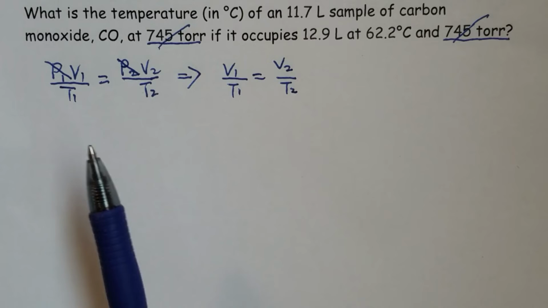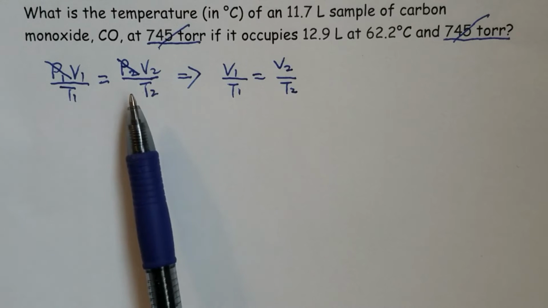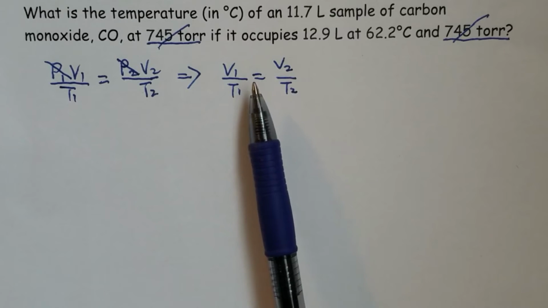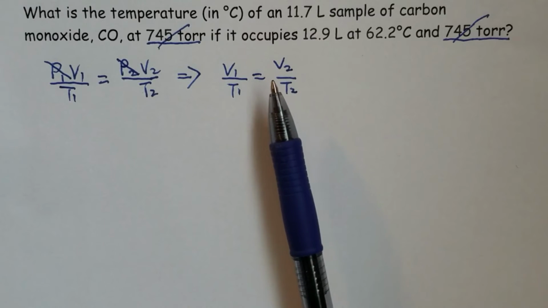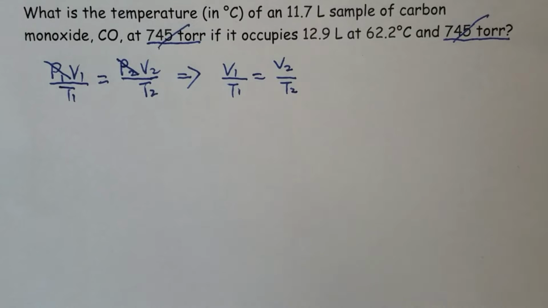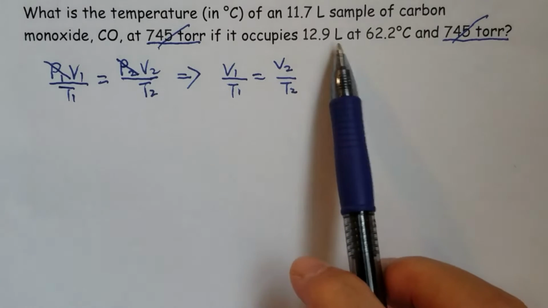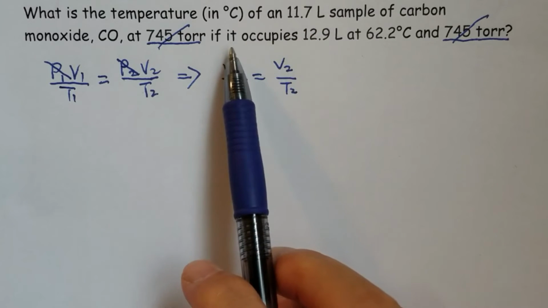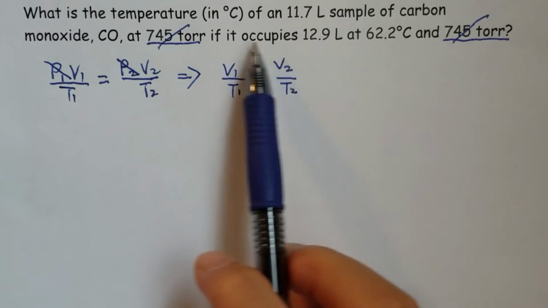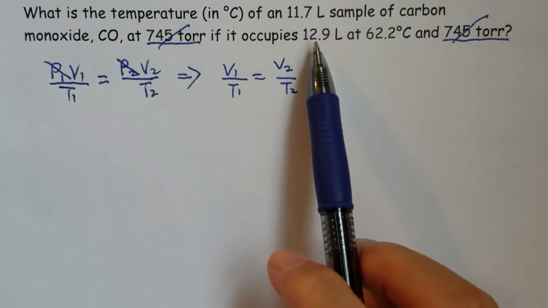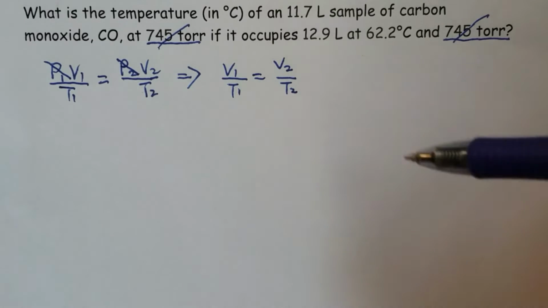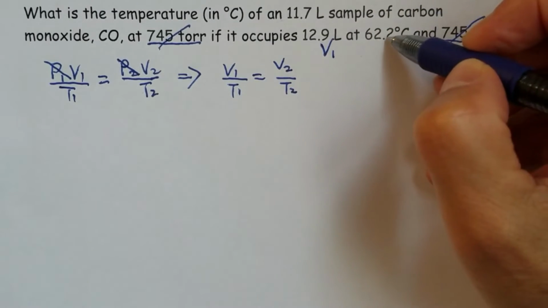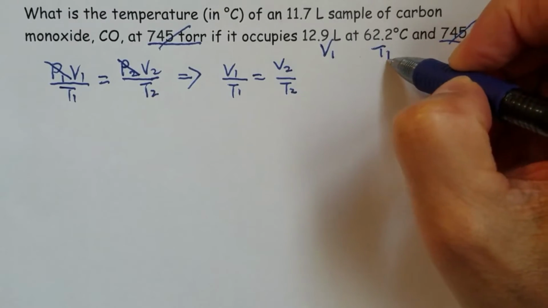So I just said that the combined gas law in this case becomes the Charles law, and this is the Charles law equation. Now let's identify the remaining quantities. If we assume this is before the change, then 12.9 liters should be V1, and this is T1.